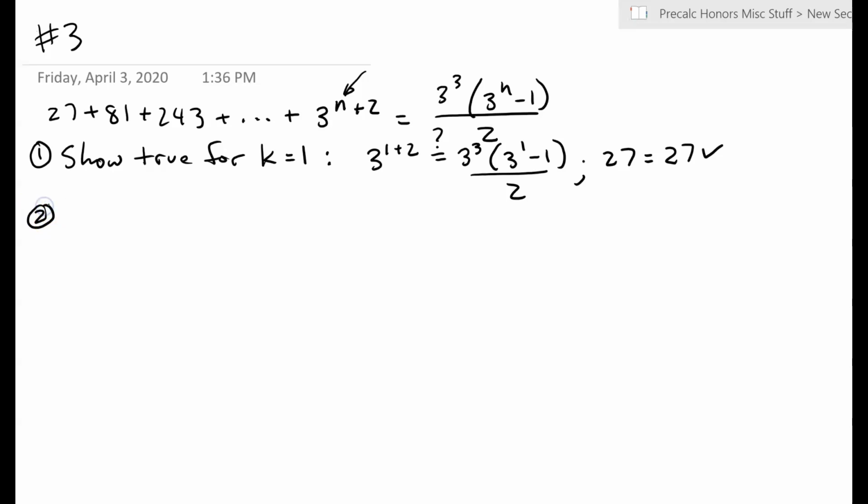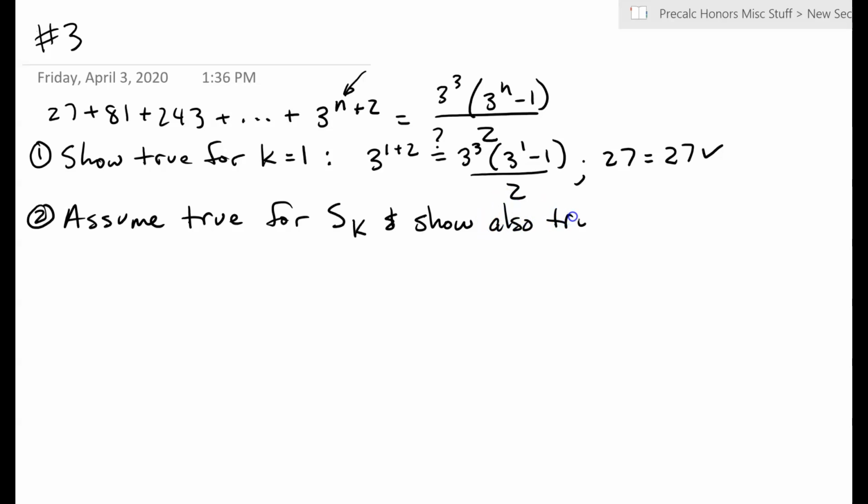Now for step 2, assume true for s sub k and show also true for s sub k plus 1.